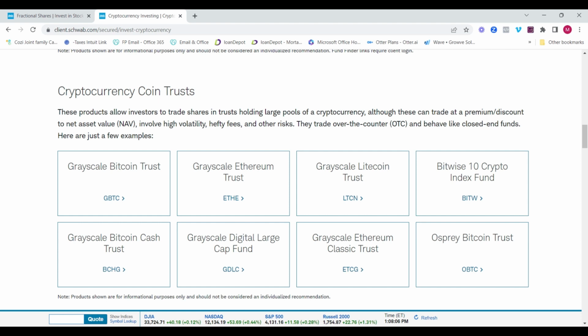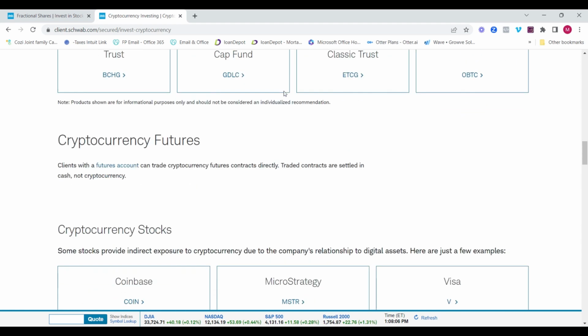They have a specific amount of cryptocurrency within that portfolio, and they allow it to trade on an exchange. It's just a smaller exchange. The volatility and everything else is still very similar to cryptocurrency. In fact, it may even be higher, I would assume.